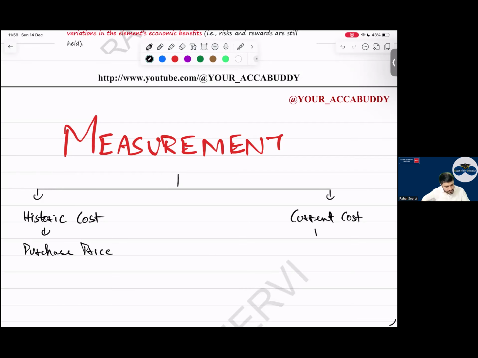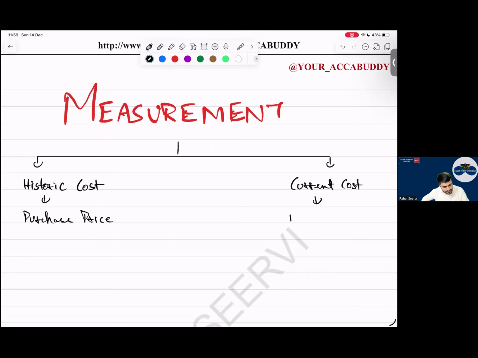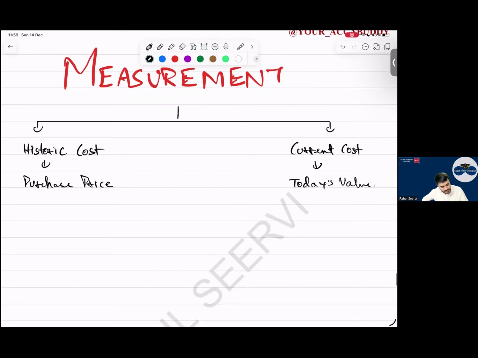Current cost means what, sir? Fair value, today's value. Okay. What is fair value, sir? Market. We'll learn. This is the first standard. We'll start fair value, IFRS 13. Then, sir, other than this, what we have?